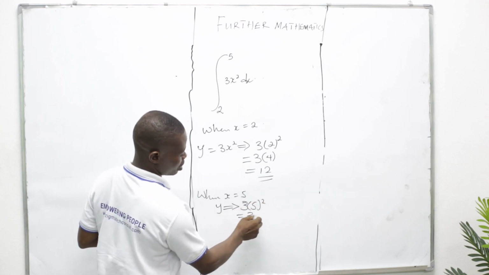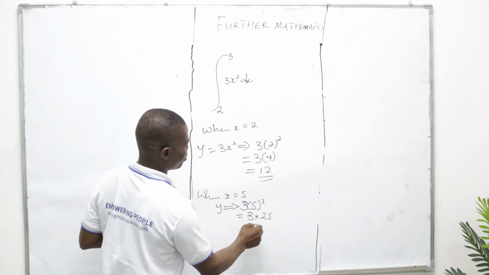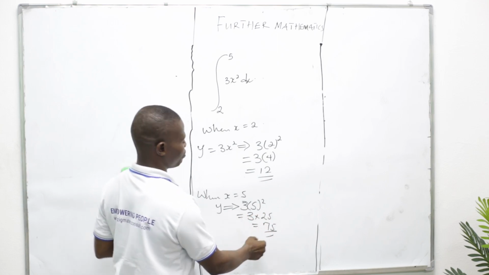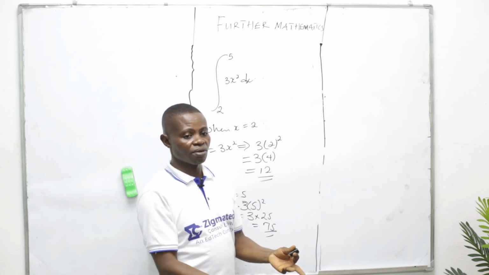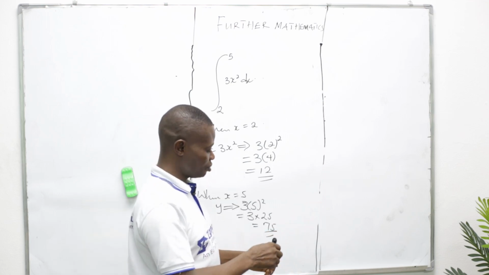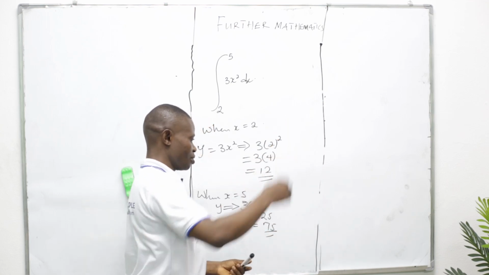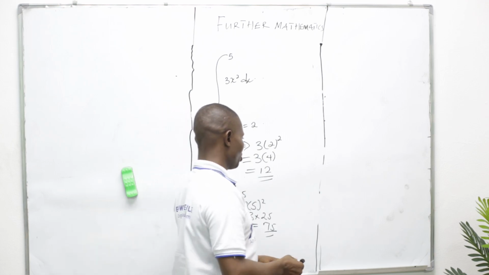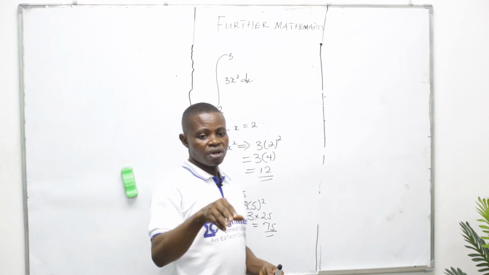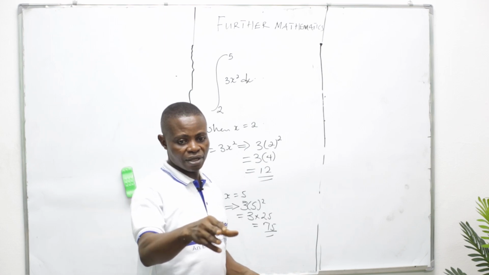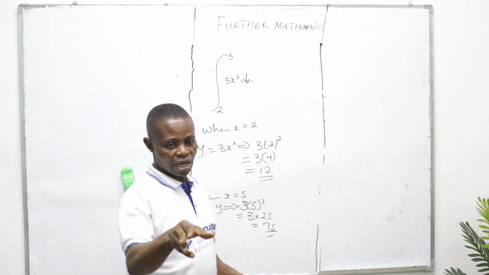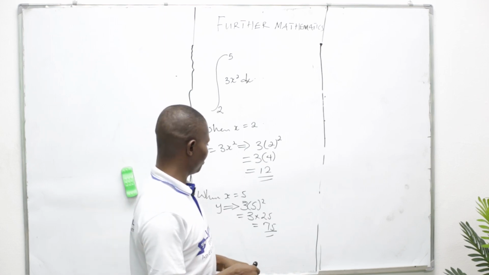That is 3 times 25 equals 75. So, if you are drawing your curve, you know how you draw it. But one thing I know, I have x equals 2 and x equals 5.